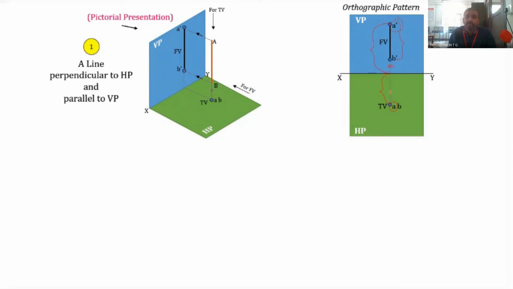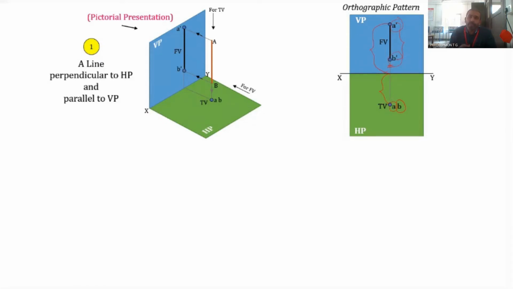The front view as well as the top view should be lying on the same projector line. And likewise, B dash as well as B, both the front view and the top view, are lying on the same projector line.